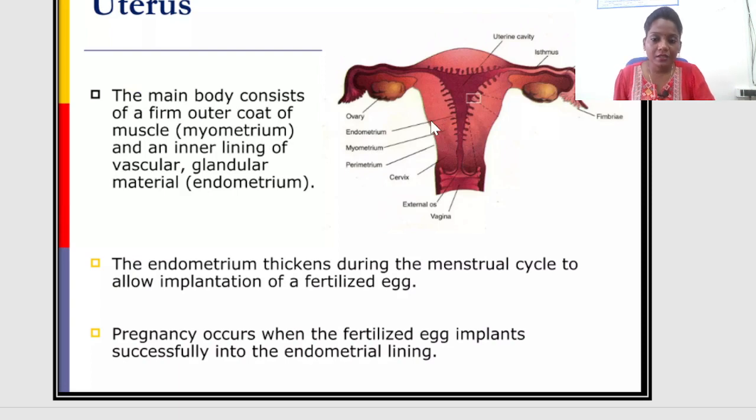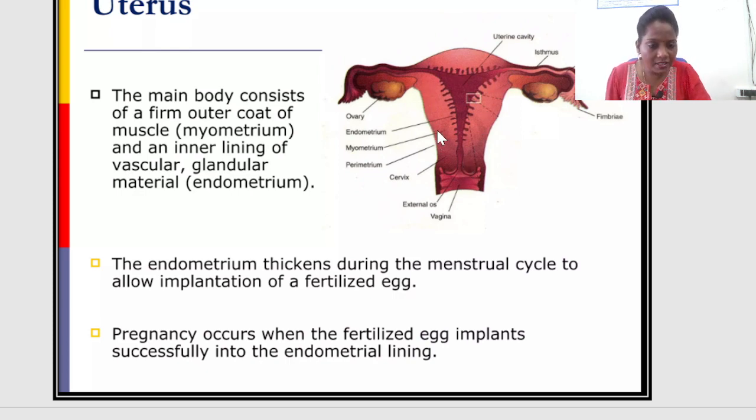And usually the main parts of the uterus consist of the upper portion, which we call the fundus, the middle portion, which we call the body, and the lower portion, which we call the cervix. So the two major parts are the fundus and the cervix. The fundus is the upper portion and the lower portion we call the cervix.